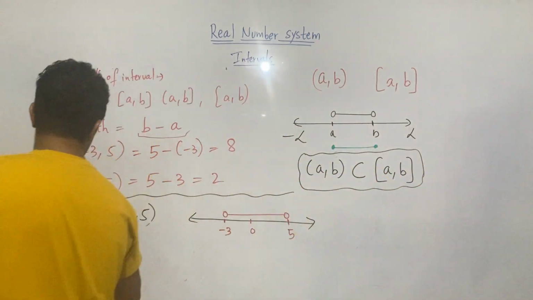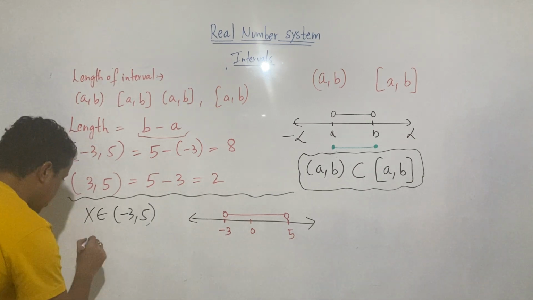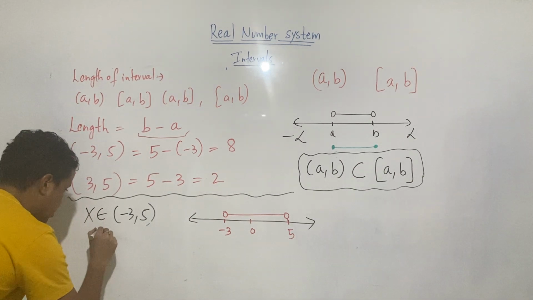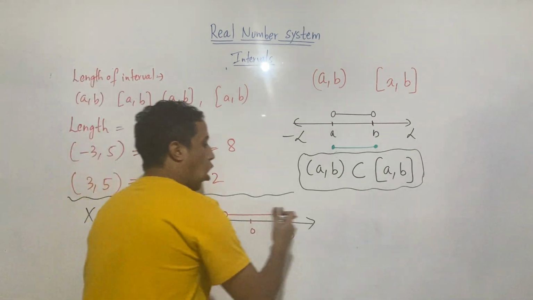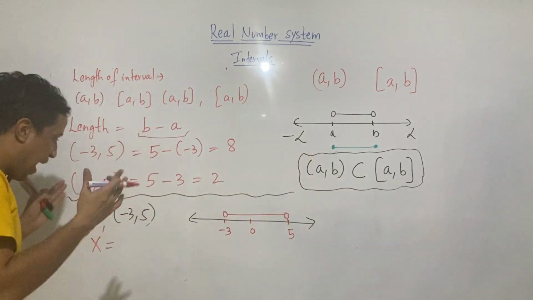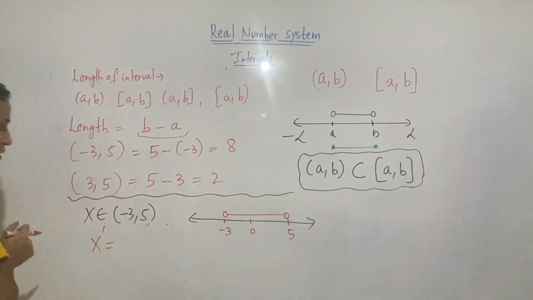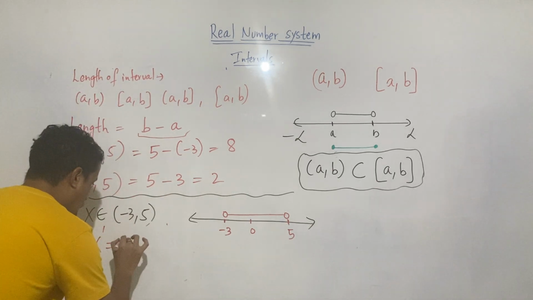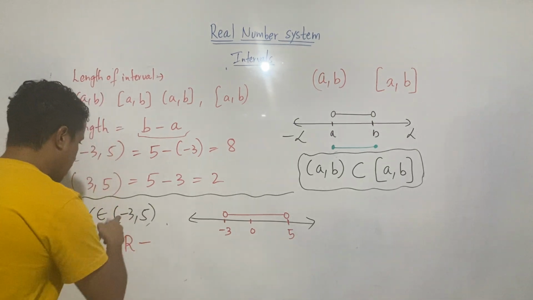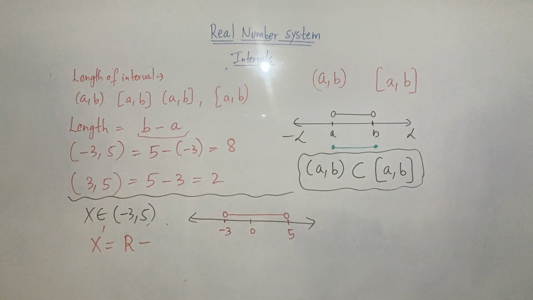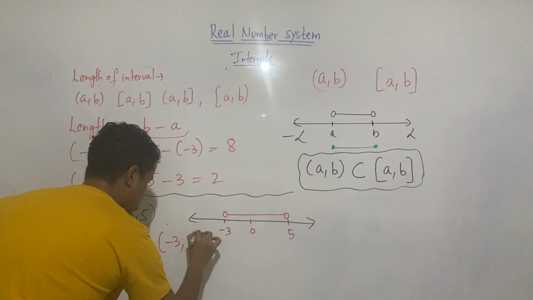Now I am more interested in finding the complement of this X. X complement contains all the values on this number line except the values in this interval. So what does it mean? It means R minus all the values that lie in the interval minus 3 to 5.